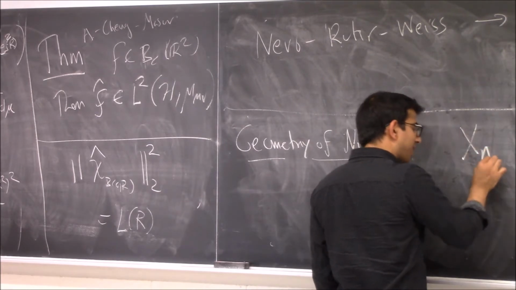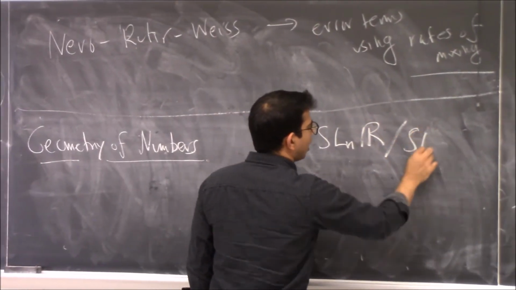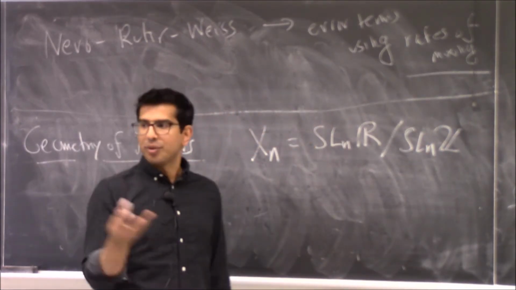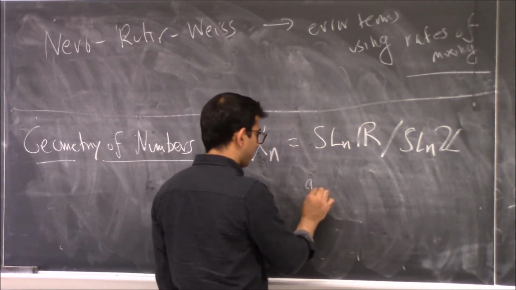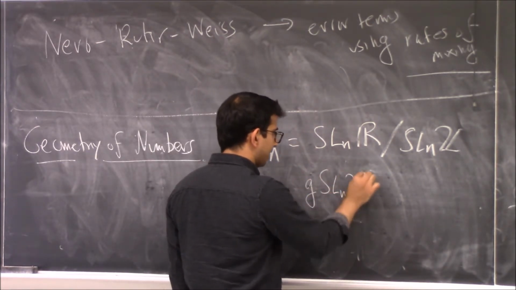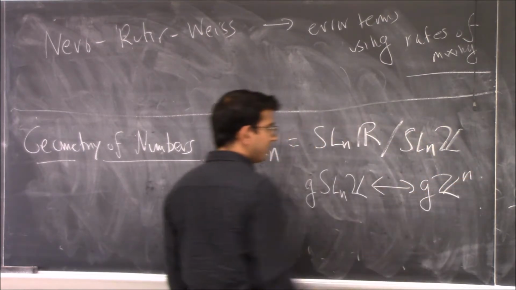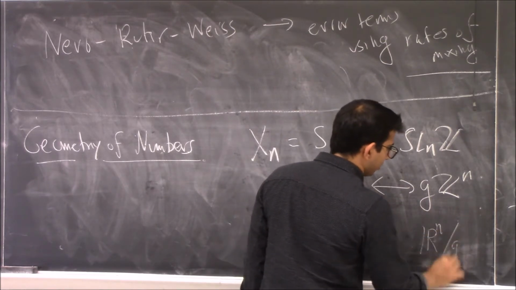So here the main character is going to be a space X_n, which is the space of flat tori, or the space of flat tori together with a direction, or unimodular lattices. I think of a coset g SL_n(Z), and I identify it with simply the lattice gZ^n, or equivalently the torus R^n mod gZ^n.